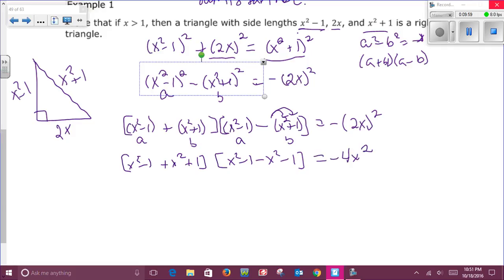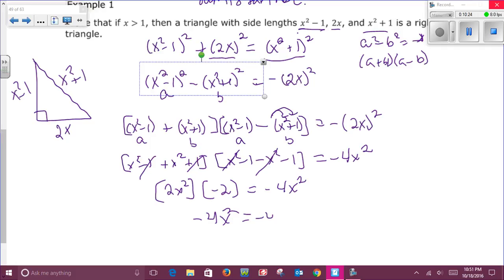So square the 2, square the x. So here, when I combine my like terms, the 1's go away, and I have 2x squared. Here, when I combine like terms, the x squareds go away, so I have negative 2. When I multiply those together, I get a negative 4x squared, which is equal to a negative 4x squared.